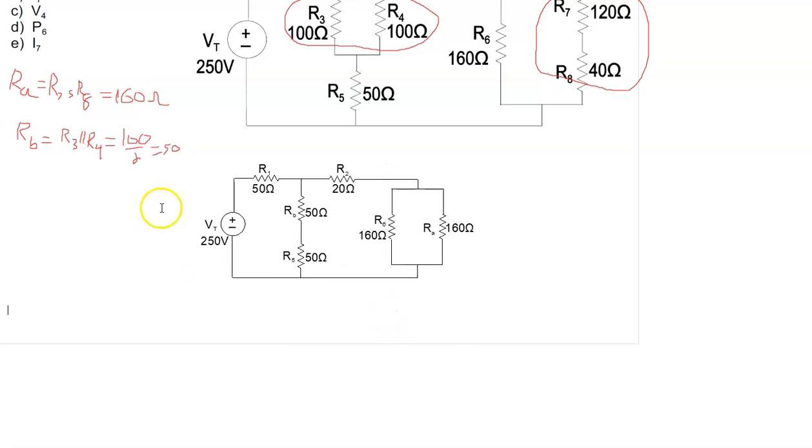And so here we have our redrawn circuit, which shows our B replaced 3 and 4, our A replaced 7 and 8. And so now it becomes clear, I hope, that our 6 here is in parallel with our A, and our B is in series with our 5.